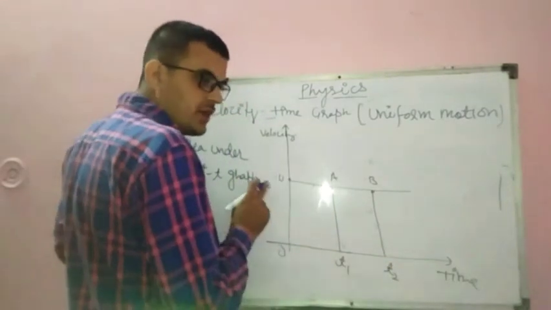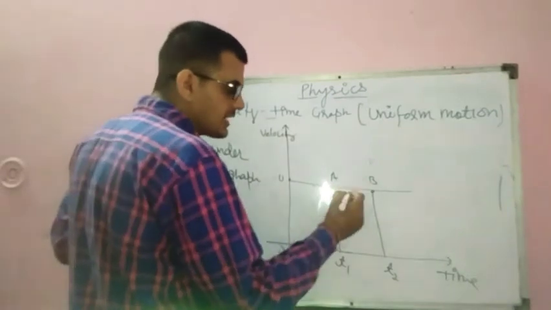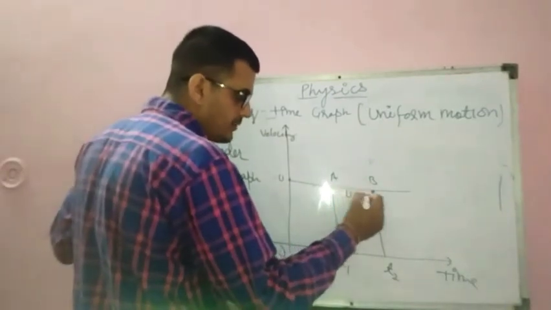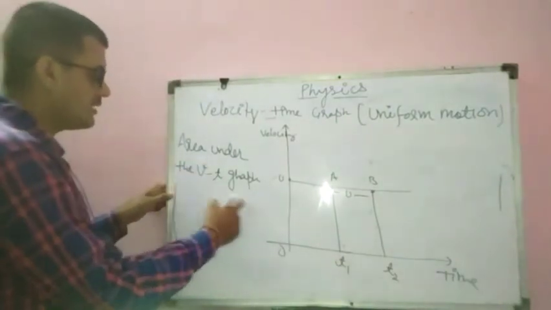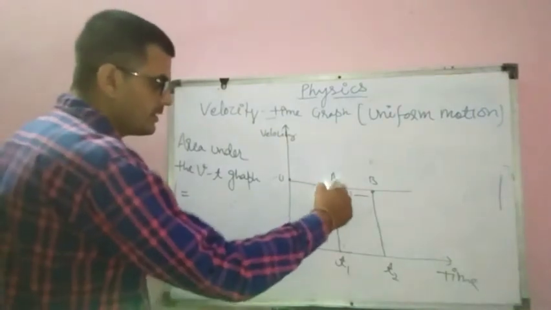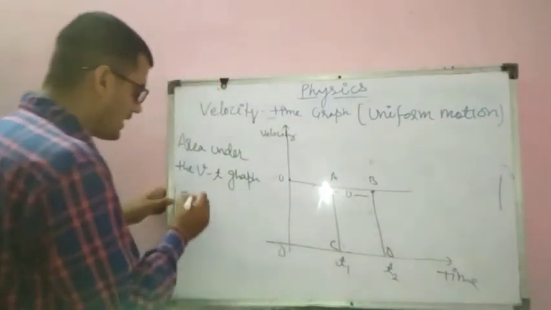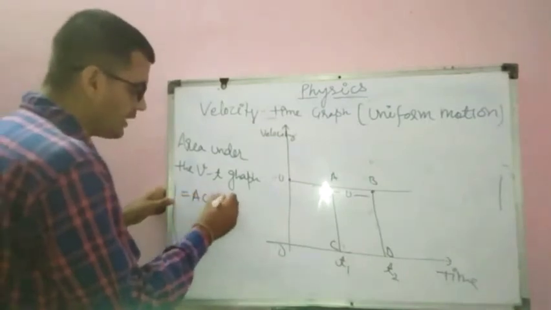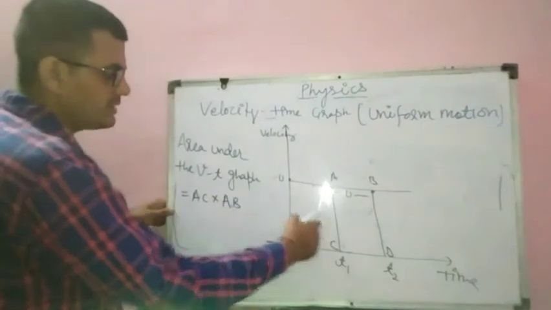As velocity is uniform, it will remain the same, so in this time period velocity will be the same, u. So the area under the velocity-time graph will be equal to the rectangle ABCD, so AC into AB.